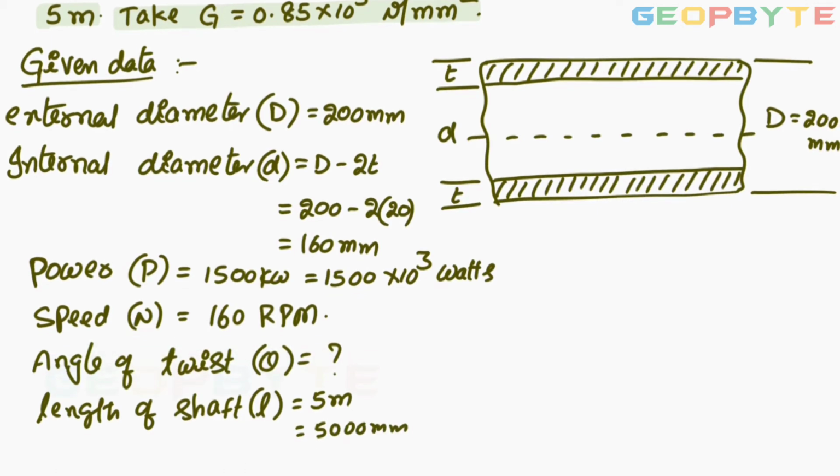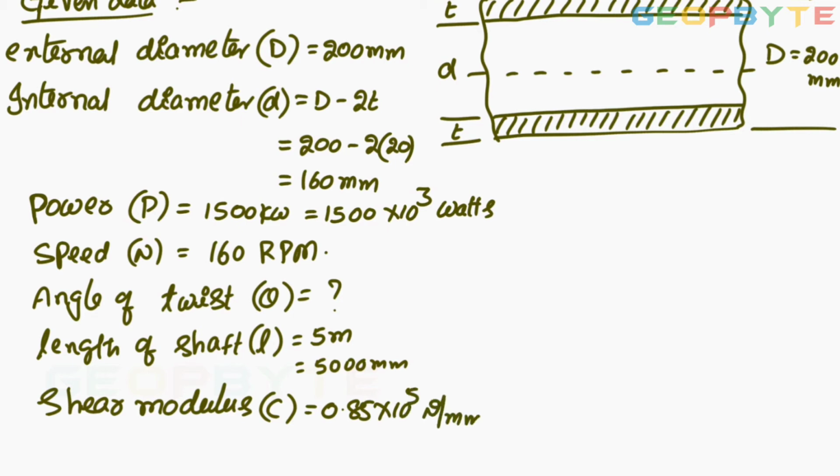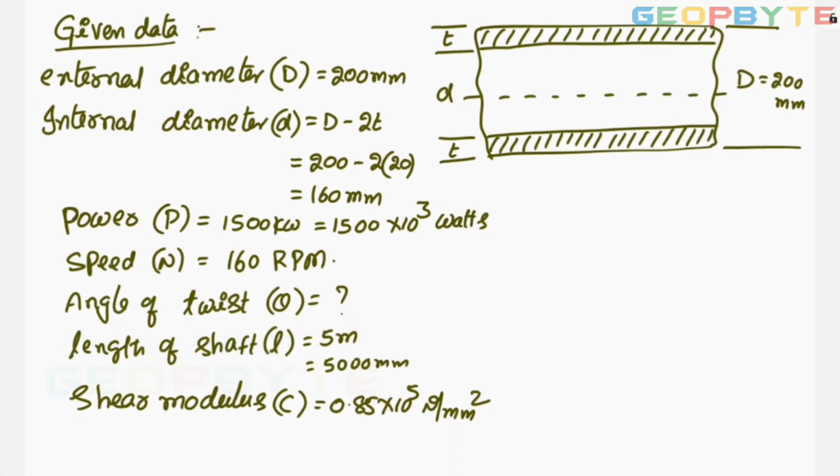Shear modulus G, shear modulus C or G given 0.85 into 10 raised 5 Newton per millimeter square. Now let us simplify the problem.